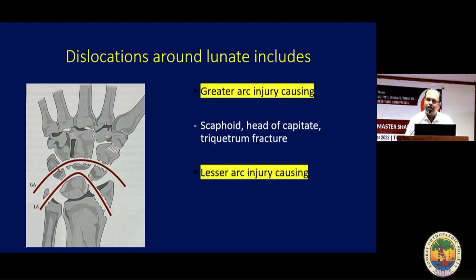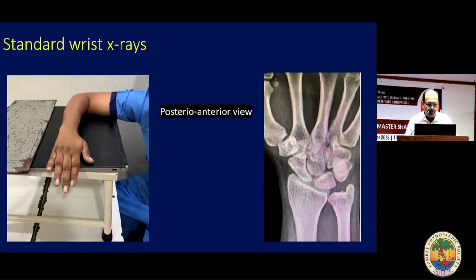And then there are lesser arc injuries, which usually involve only radial styloid and ulnar styloid fracture, with the mechanism of force travelling between the capitate and lunate. These are the two important arcs that we should try to see on the wrist posterior anterior view X-ray.